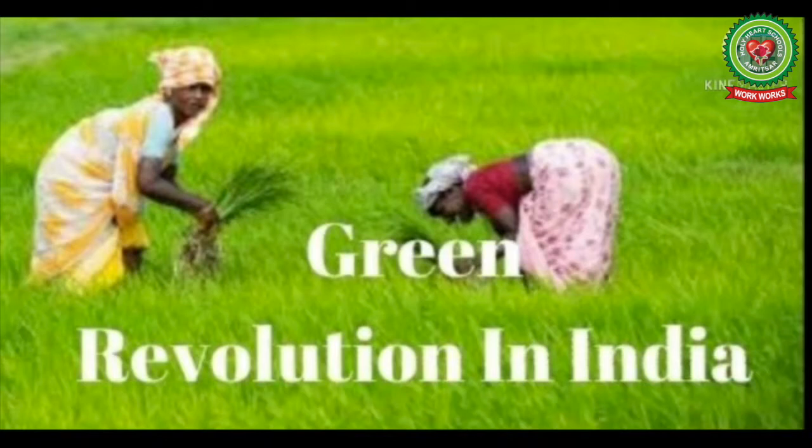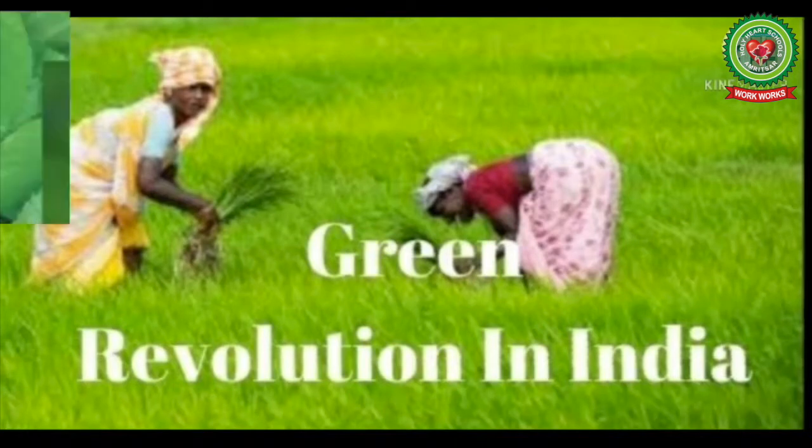It owes its origin to the finding of new varieties of wheat seeds by Dr. Norman Ernest Borlaug. In India, these seeds were first field tested in the drought year of 1964 and 65.